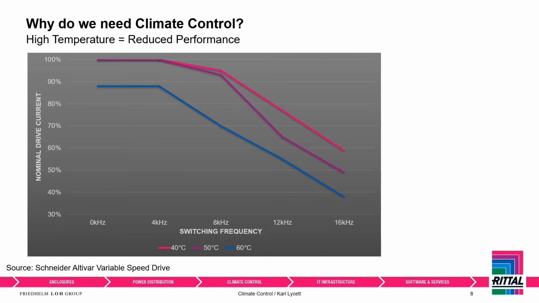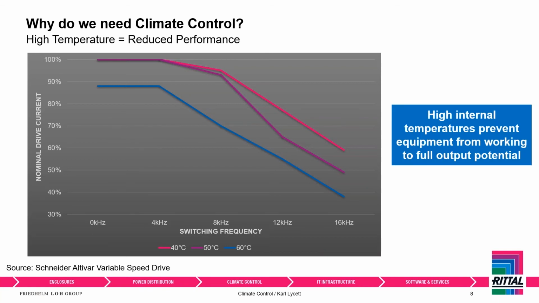But as it ramps up and it's starting to be asked to do some proper work, 8 kilohertz and above, it drops off very quickly and falls into the 60% range. What that's telling us is these high internal temperatures are going to prevent your equipment from working to the output potential that you need to get optimum performance out of it.